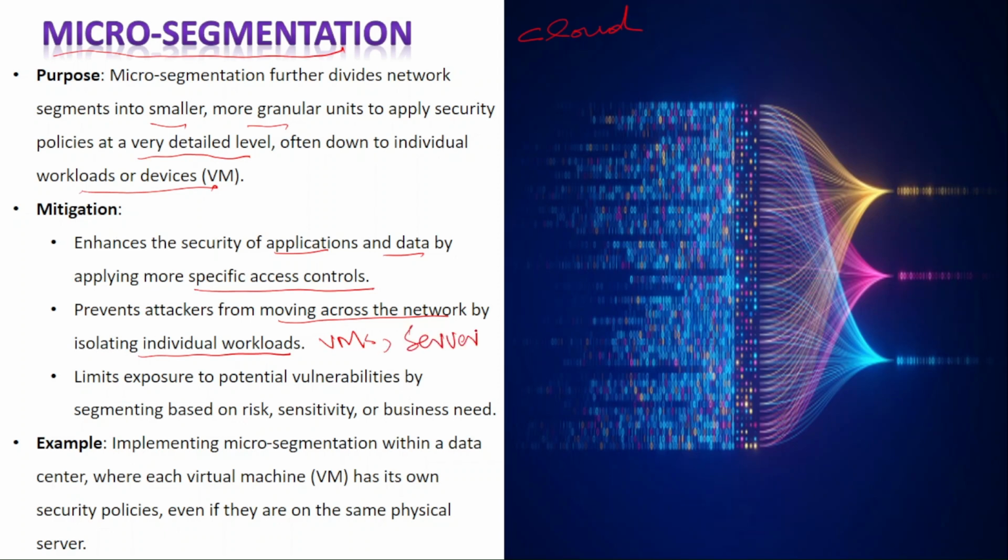So it is a granular control at the individual server level, and limits exposure to potential vulnerabilities by segmenting based on risk, sensitivity, or business need. Example: implementing micro-segmentation within a data center where each individual virtual machine or VM has its own security policies, even if they are on the same physical server or in the same virtual network or VLAN.